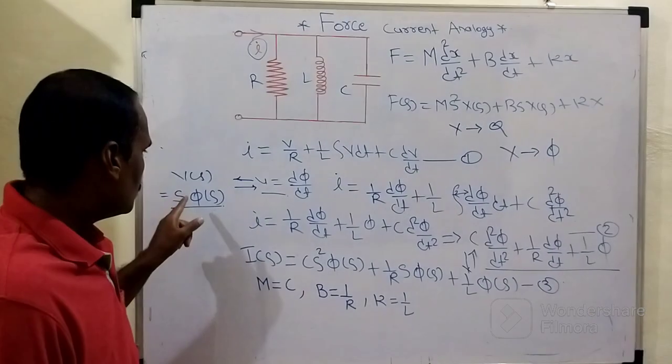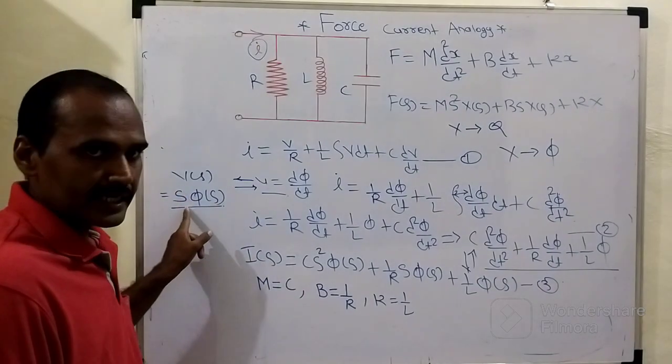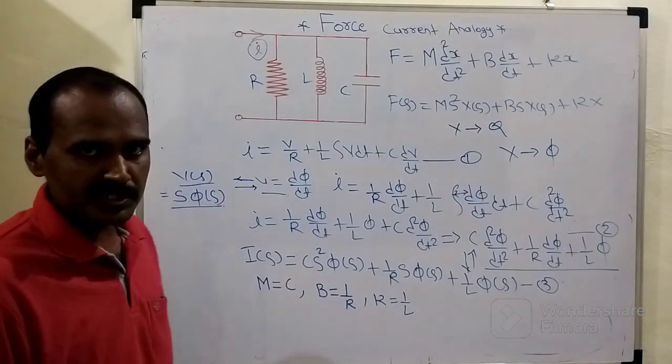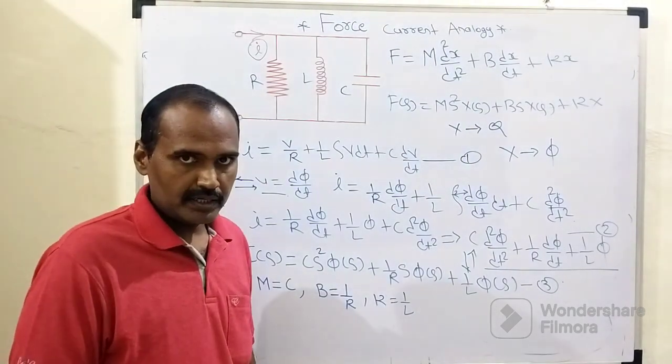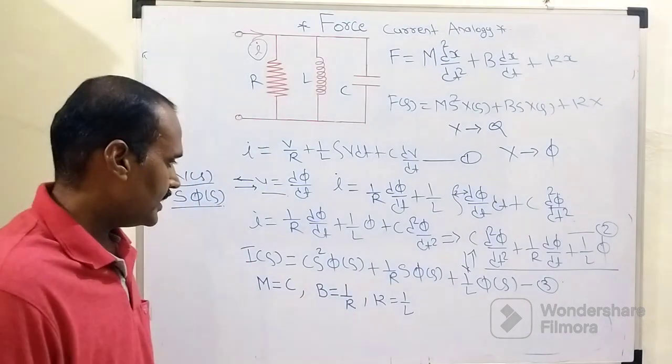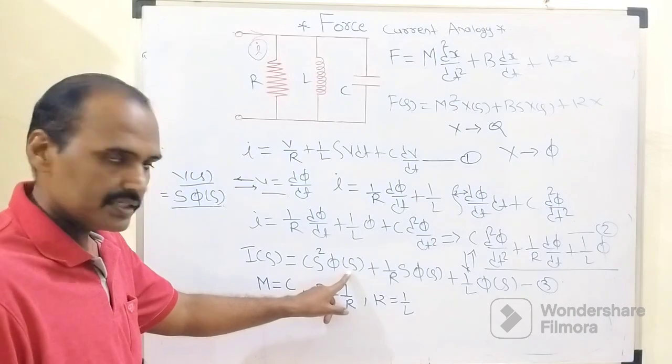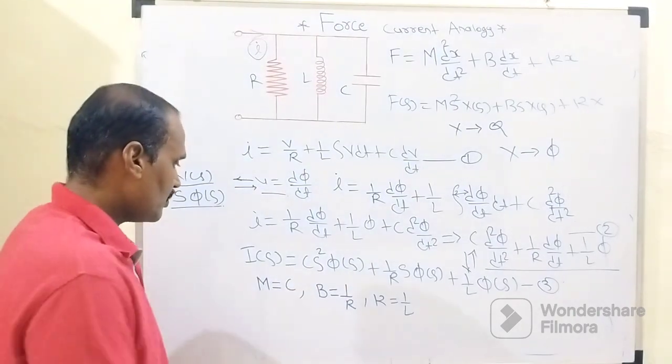So we need to replace this whole quantity s Φ(s) with V(s), the s domain representation of that voltage according to Faraday's law of electromagnetic induction. Whenever we have s Φ(s), this quantity is replaced with V(s).